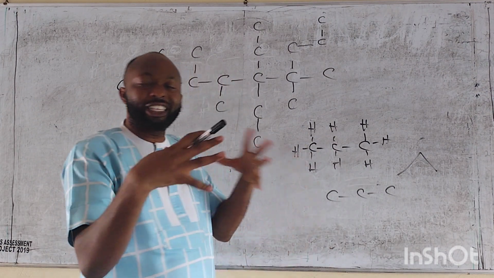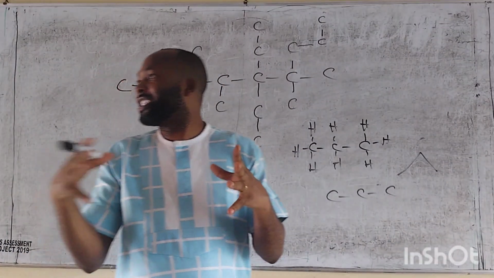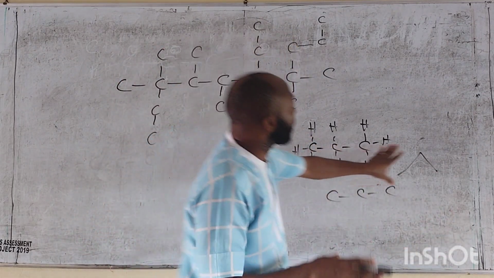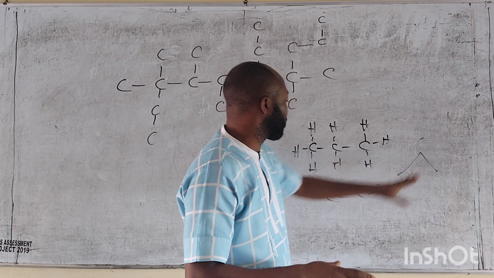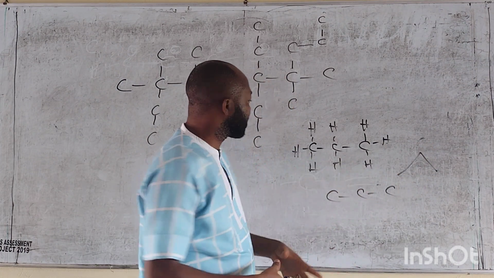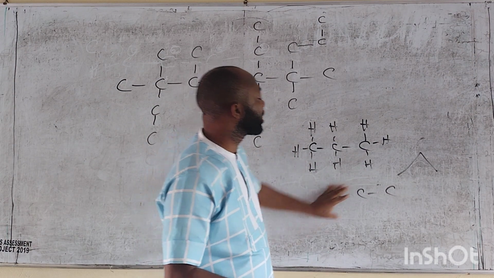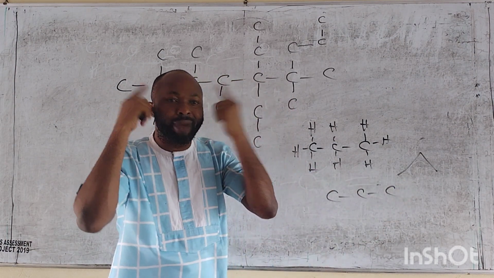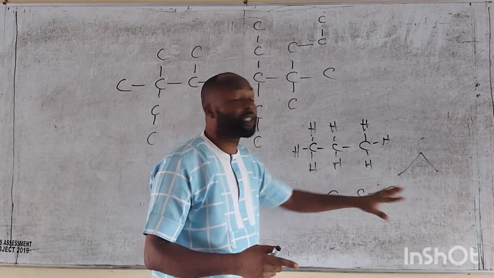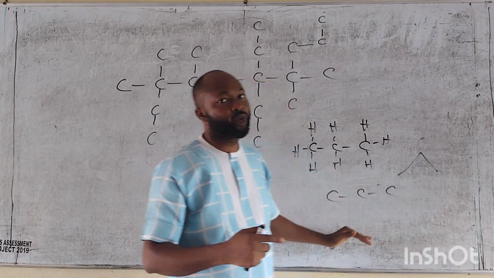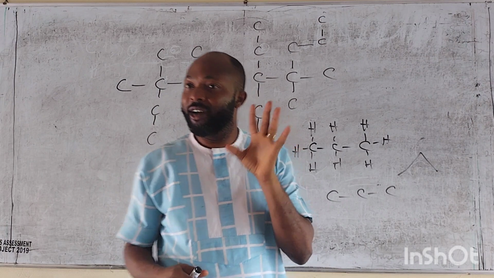We have the condensed formula method, we have the zigzag formula method, and so on. So, let's leave all this. Wherever you see your carbon atoms, have it in mind that there are hydrogens attached to them because carbon is tetravalent.